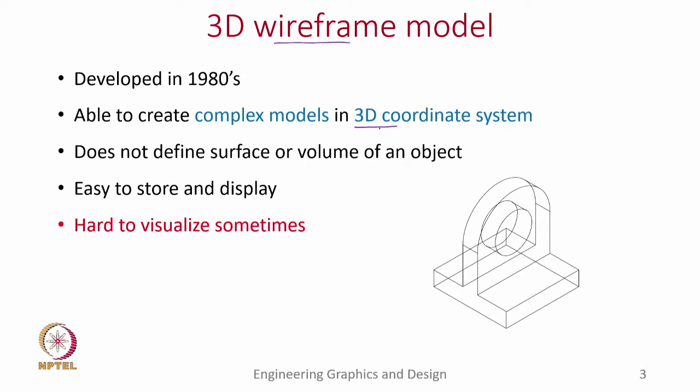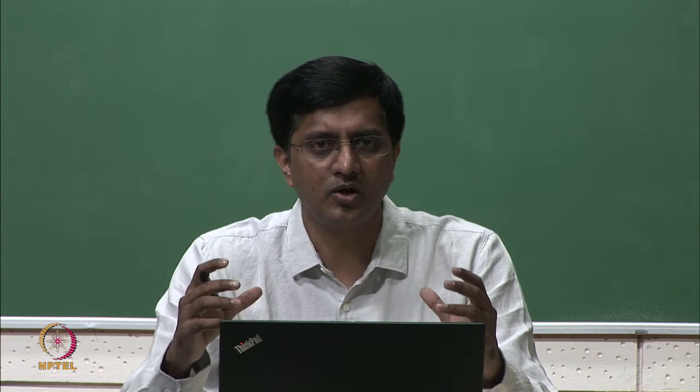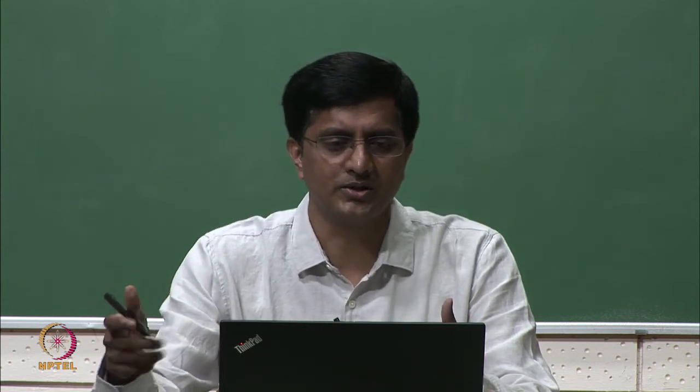It can generate them through transformation matrices, applying math essentially to get different views of the same object. It is easy to store and display. Easy to store because you have the complete geometric details of the object, and then depending on which view you want, you can process the data and visualize it.